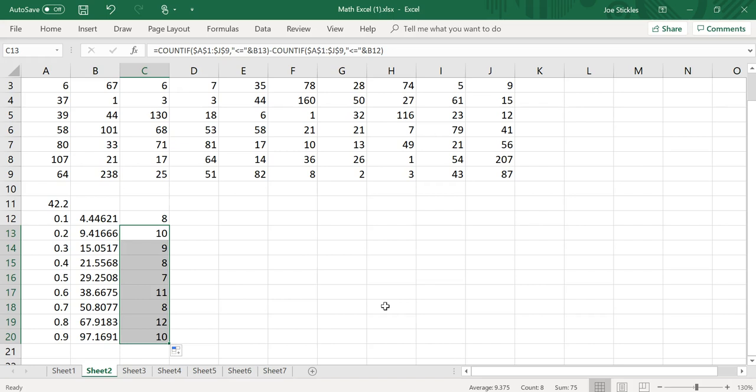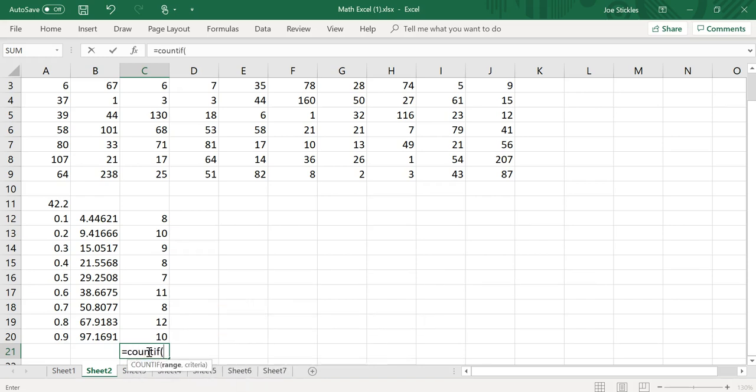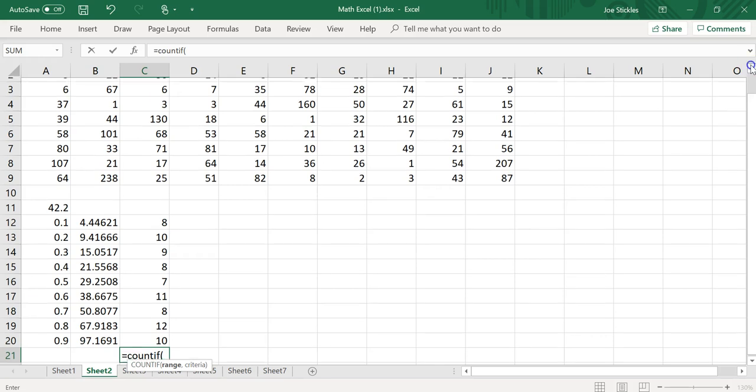To just check that, I can do a similar statement. I'm not going to copy down one more spot. I'm going to type in equals COUNTIF, and then highlight my array again.